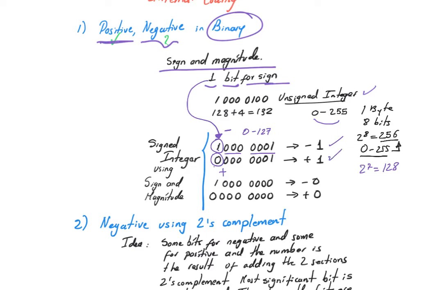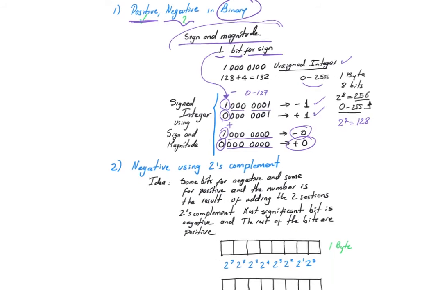But the problem with this sign and magnitude is that then we would have 2 different representations for 0. We have 0 here and 0 here, and this is minus and this is plus, right? So we would have a minus 0 and a plus 0. So that's very inconvenient. That's why the sign and magnitude way of representing numbers is not used.